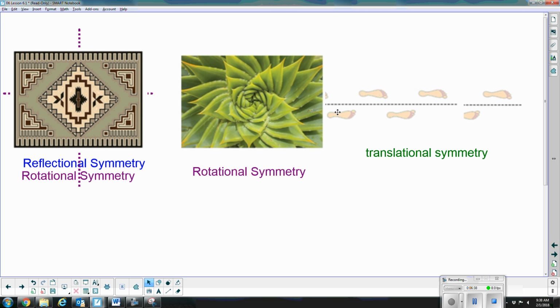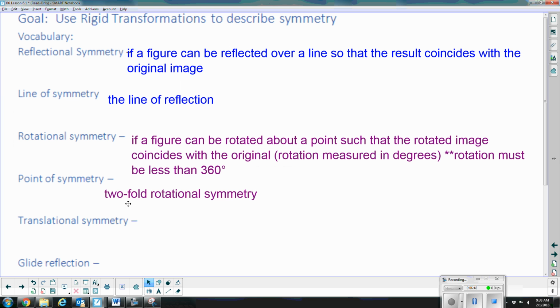This is the same image, right? So as we're sliding, we're getting that same image. So translational symmetry is the result of sliding a design by the same translation vector.